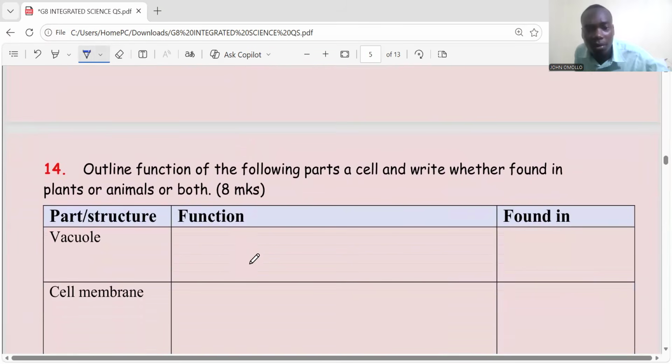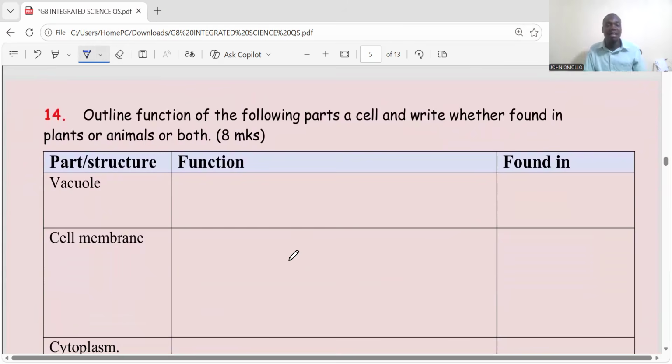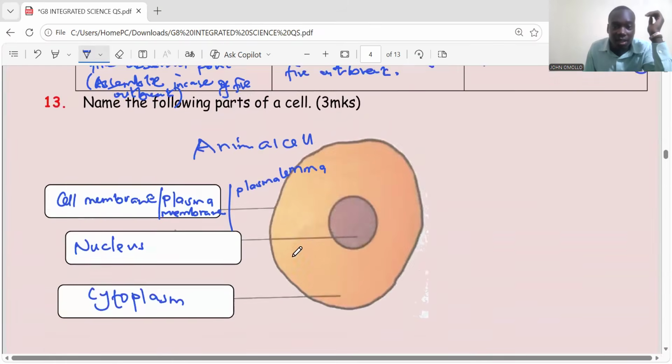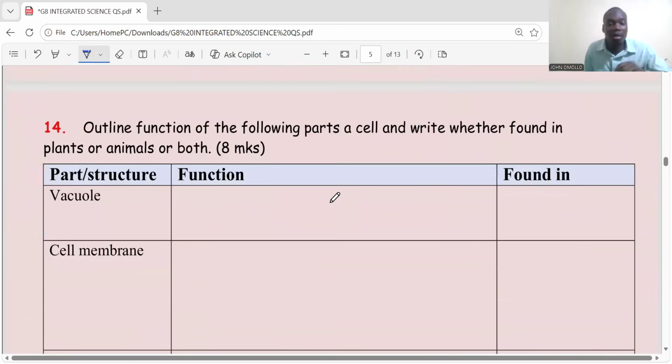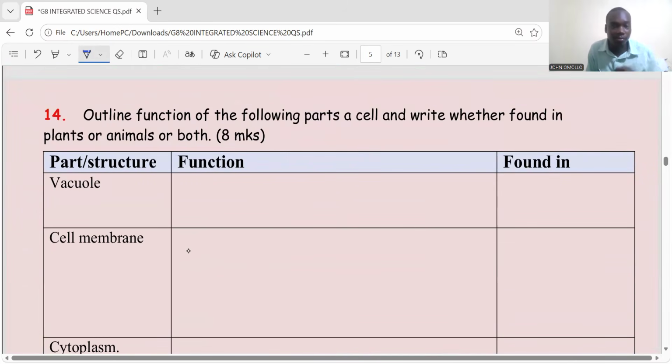Outline the functions of the following parts of a cell, whether found in plants or animals or both. Vacuole. Now, you look at the cell we have seen here, there is no vacuole. But the function of the vacuole is that it stores nutrients.